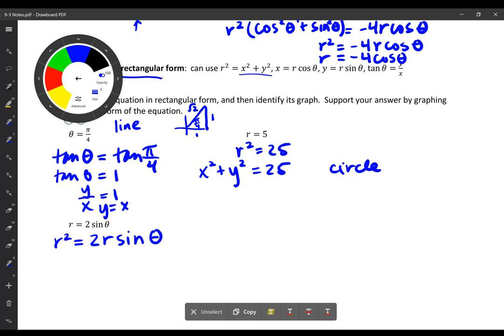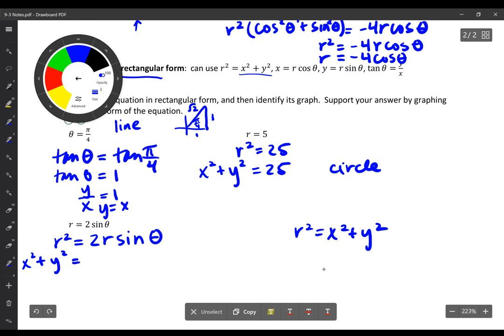And then I know that my r squared, I can substitute for x squared plus y squared. So I'm going to write down x squared plus y squared over here. And then for 2 r sine theta on that side, I know that y equals r sine theta. So on the right-hand side, I'm going to write 2 times y.